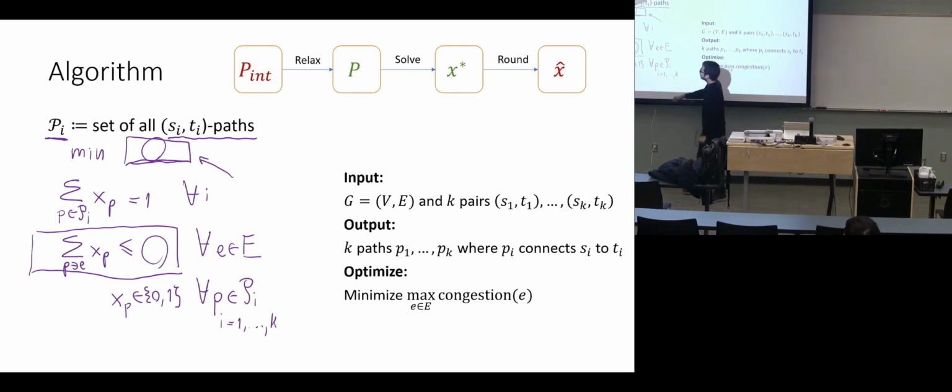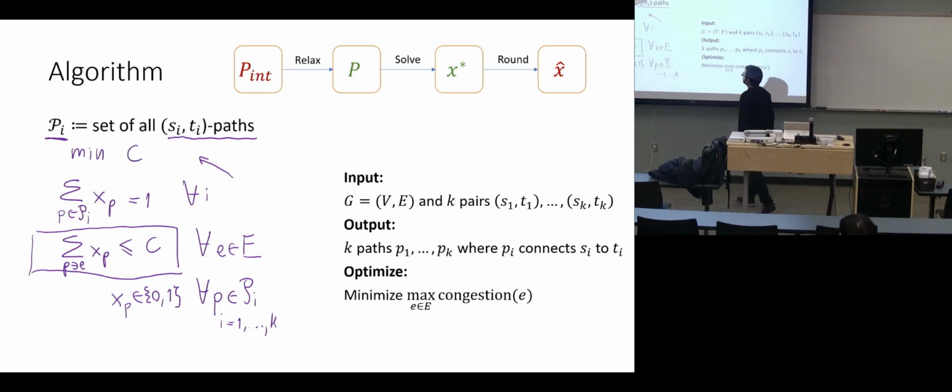By the way, nothing stops you from putting this as a variable. Even if this thing is a variable, it's still a linear constraint. So if I put a dummy variable here, let's say C for congestion, then I want to minimize the congestion, and this should be the upper bound for every edge.